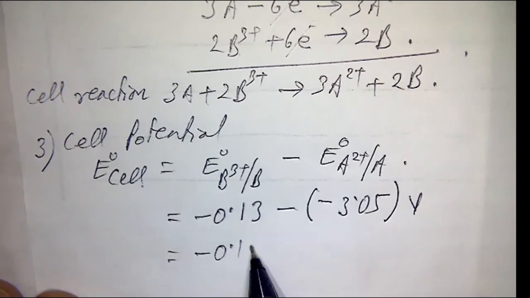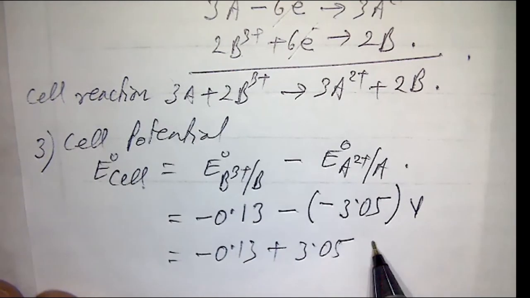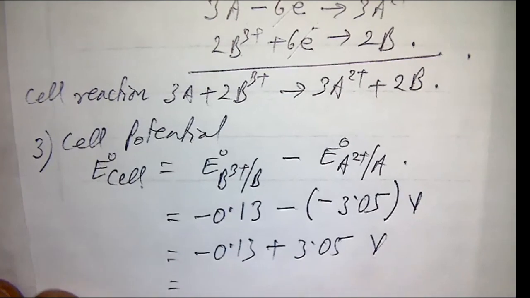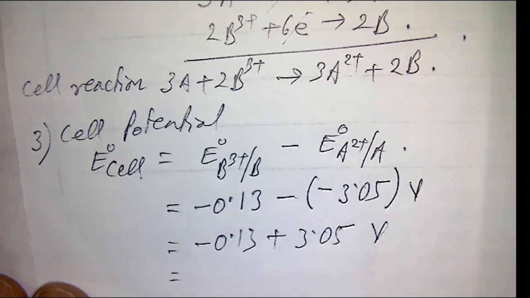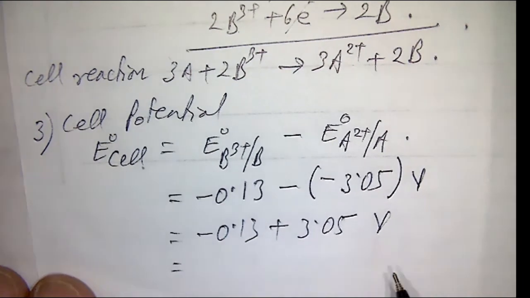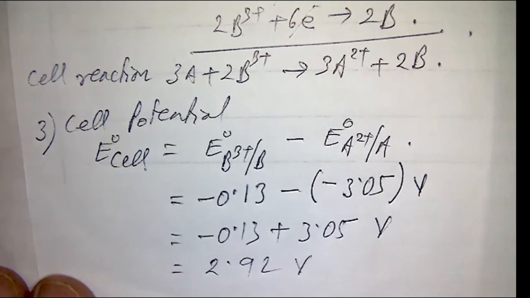So these two you can easily calculate. Minus 0.13 plus 3.05. You have to subtract it, isn't it? So this will become 2.92, I think, volt. Is it correct or not?